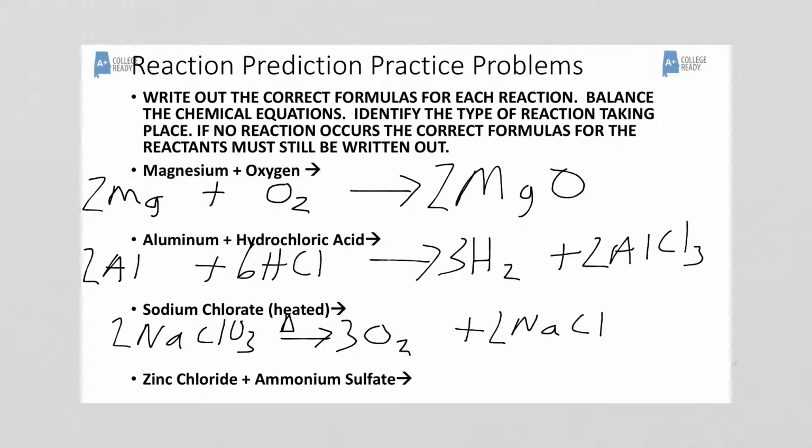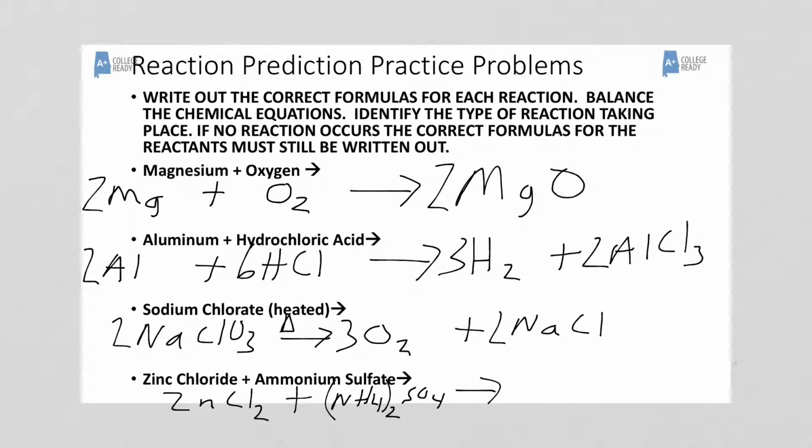Next we have zinc chloride plus ammonium sulfate. So we have two salts. Here's the zinc chloride and ammonium sulfate. So when you have two salts like this, you're probably going to get a double replacement reaction.